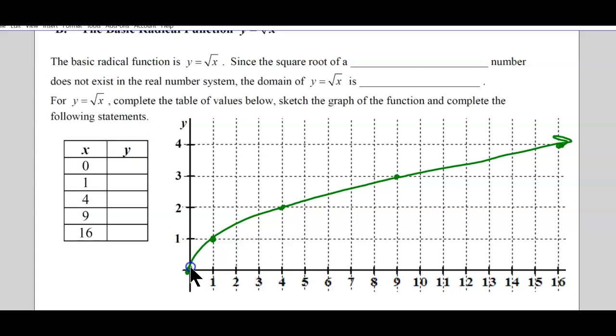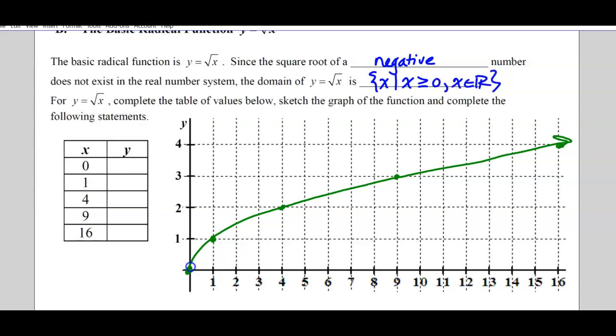So, square root of a, so think, read this full sentence before you fill it in. So y equals root x. Since the square root of something number does not exist in the real number system, square root of what kind of number does not exist? Negative. The domain of this is going to be x has to be greater than or equal to 0.